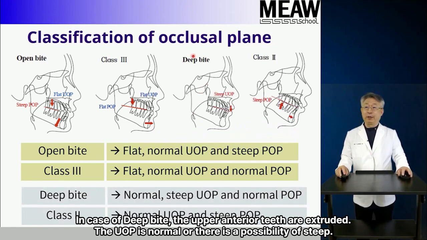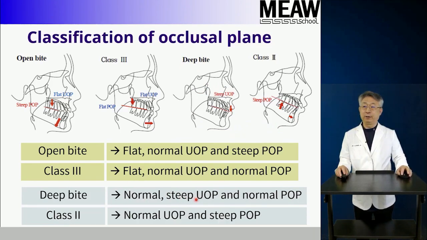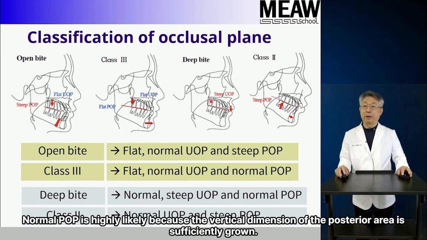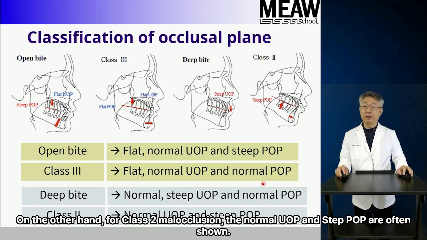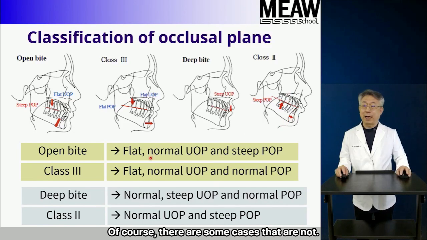In case of deep bite, the upper anterior teeth are extruded. The UOP is normal or there is a possibility of steep. Normal POP is highly likely because the vertical dimension of the posterior area is sufficiently grown. On the other hand, for Class 2 malocclusion, the normal UOP and steep POP are often shown. Of course, there are some cases that are not.